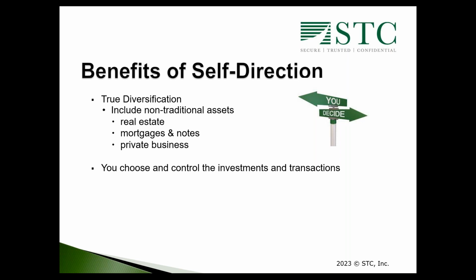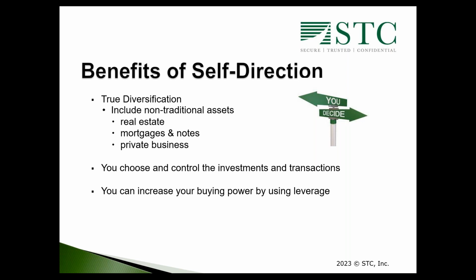Again, I've already mentioned that you're choosing and you're controlling the investments and the transactions that you make. If you are interested in a real estate transaction, you can actually increase the buying power of the money that you have in your account by using leverage. In other words, your retirement account can get a loan to purchase a piece of real estate in your retirement account.